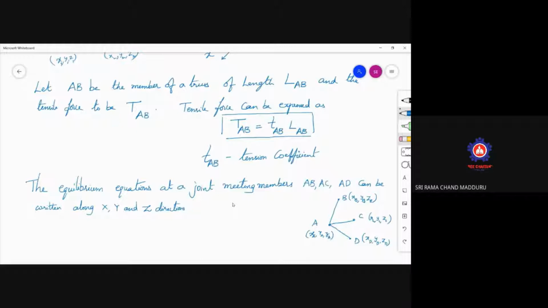So the lengths of these members are LAB, LAC, LAD. Just understand here what we are writing: wherever the point is there, it will be represented in the coordinate system X, Y, Z. Now for this one, we are writing our equilibrium equations.